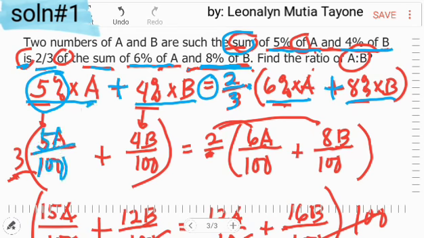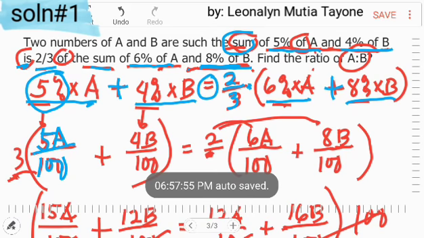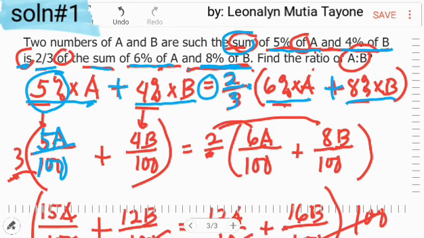Si A nilagay natin sa numerator. Kasi hindi man yan denominator. Nasa numerator yan. So 5A, itong 5% of A, in other words, si 5% of A is the same as 5A over 100. Next, si 4% of B is the same as 4B over 100.